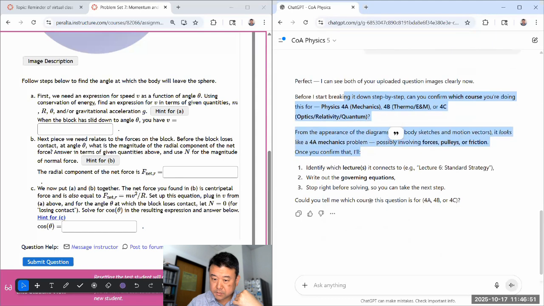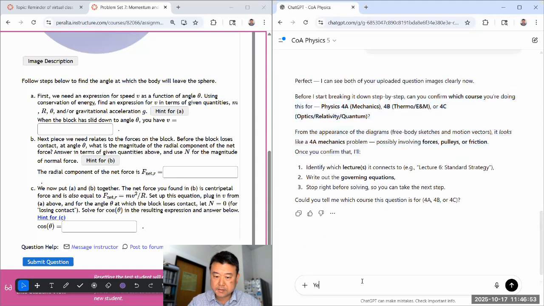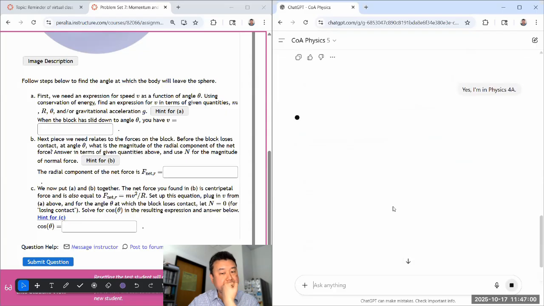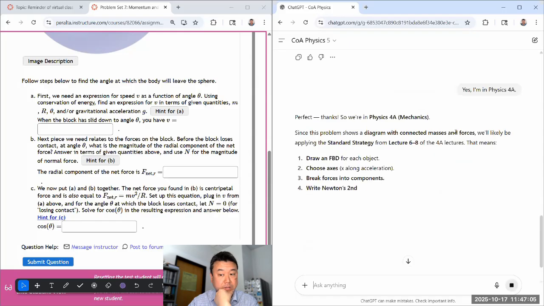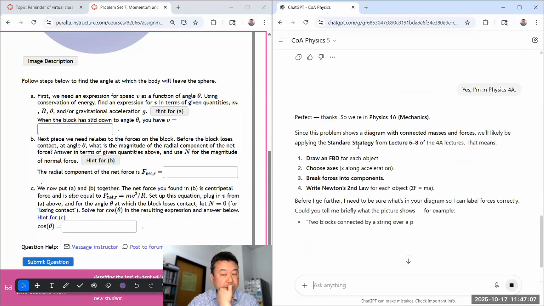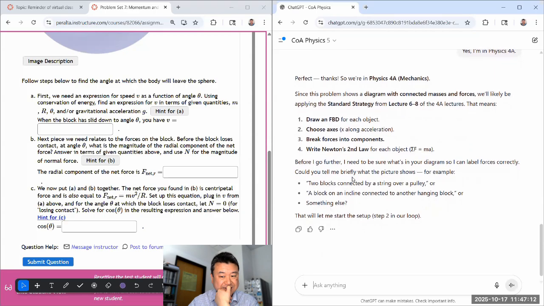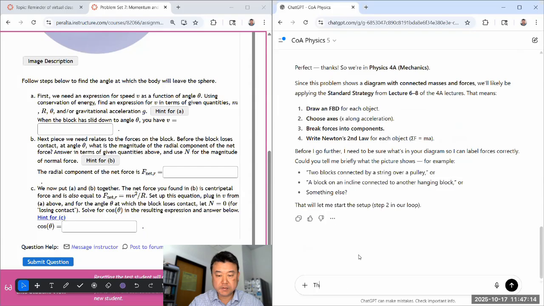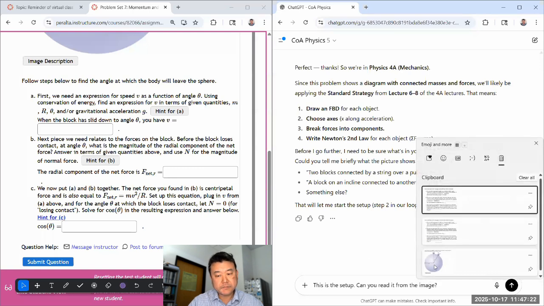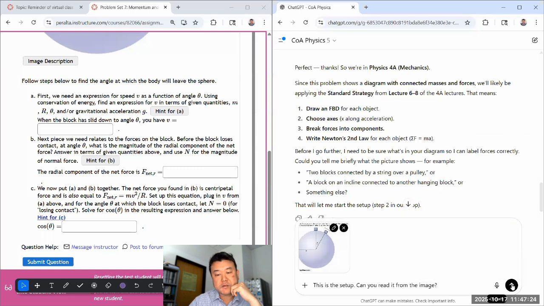Yes, I'm in physics 4A. Diagram, connect messages. You do need a standard strategy, but this is the setup. Maybe I did break something.